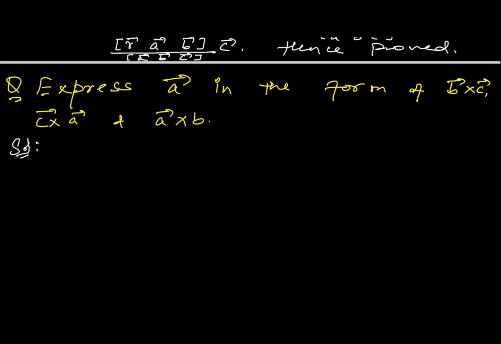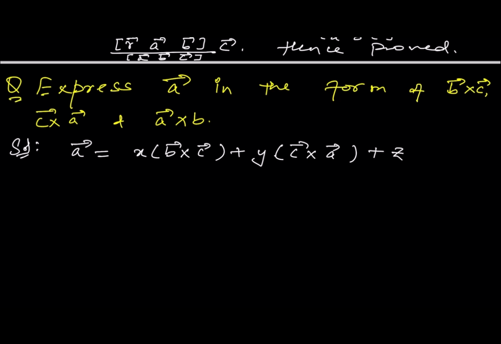Okay. So because these four vectors again are in space, any vector can be represented as a linear combination of the three. So we can write A vector as x times B cross C plus y times C cross A plus z times A cross B. Okay.